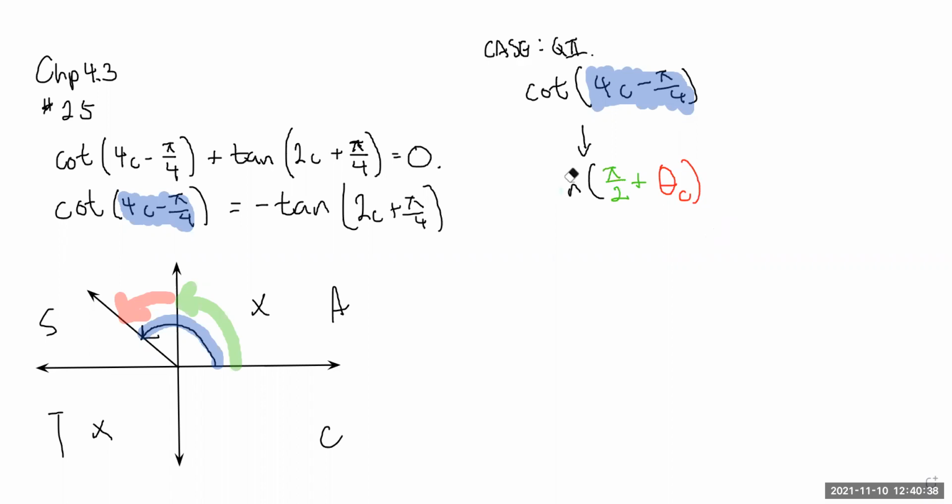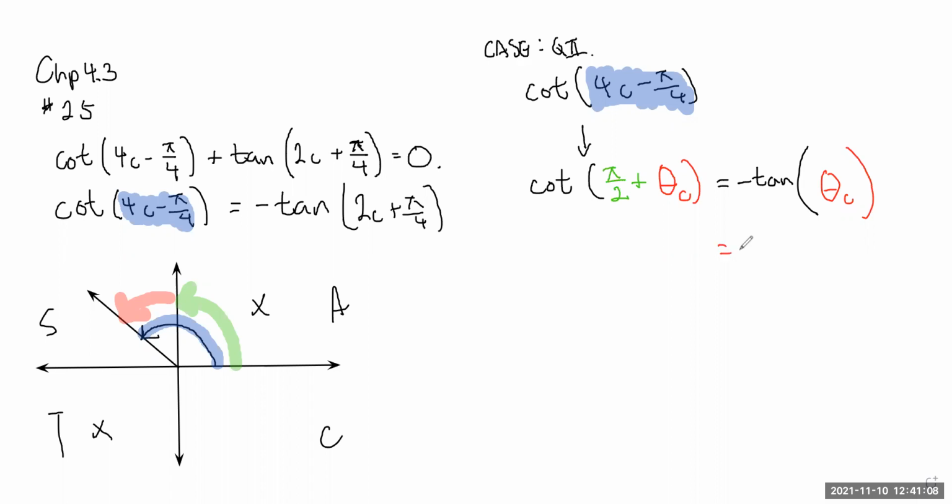Excuse me, sorry. Cotangent can be rewritten as this. So cotangent of the blue arrow is the same as the cotangent of these two arrows added together. But using our cofunction identities, cotangent is correlated with negative tan of that correlated angle.